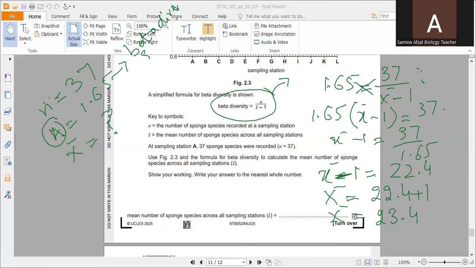So that will be the answer. The mean value will be 23.4. So that was part 2.